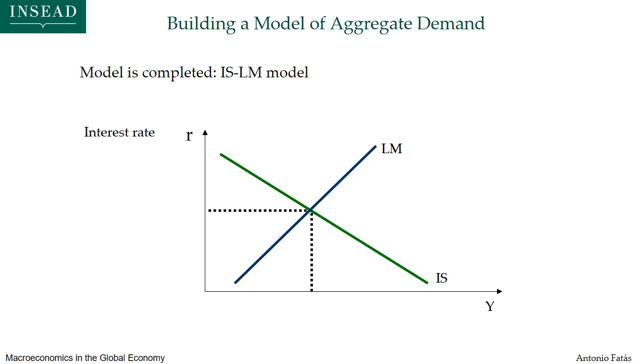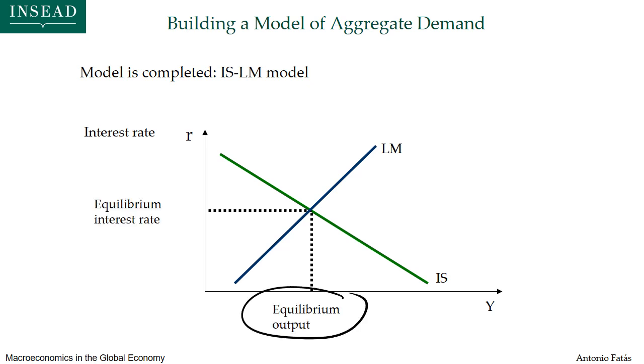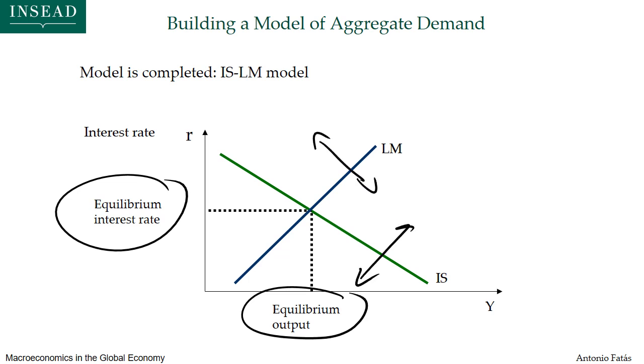And we can think about the intersection of those two curves as determining both the equilibrium level of output or GDP and the equilibrium interest rate. The way the model is used is by thinking about exogenous changes that shift one of these lines. Any shift in one of these lines will obviously lead to a different equilibrium output and equilibrium interest rate.